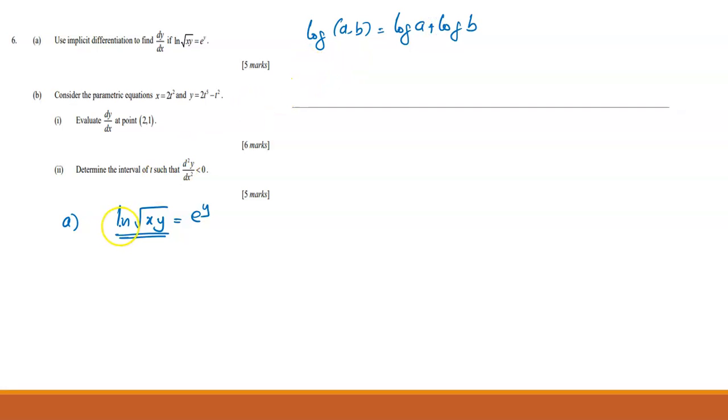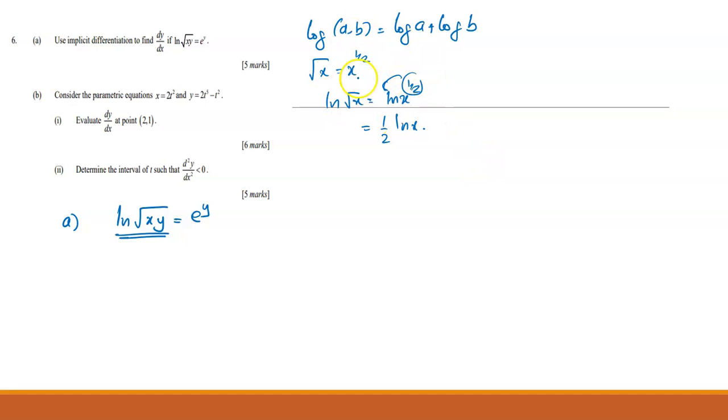And since the square root sign represents the power of half, square root of x is x to the power of 1 over 2. So natural log of square root of x is natural log of x to the power of 1 over 2, bring this half to the front. It is 1 over 2 natural log of x.